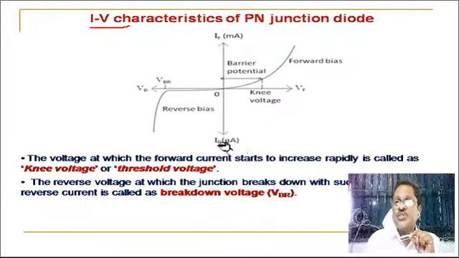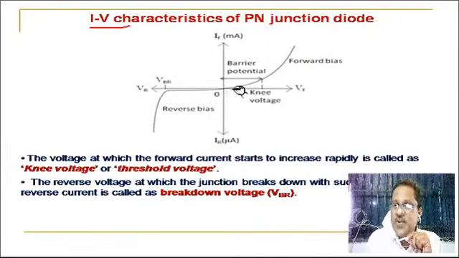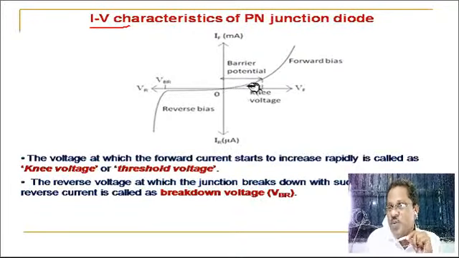This means during forward bias condition, when the external applied voltage across the PN junction is increased from 0, a very small amount of forward current flows through the junction.